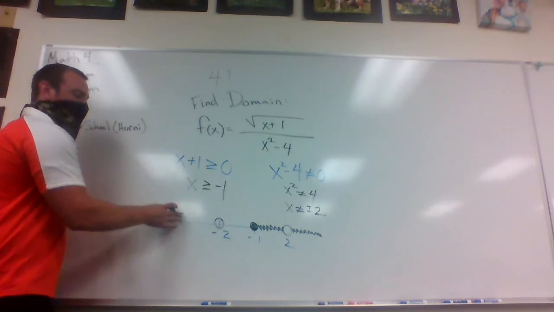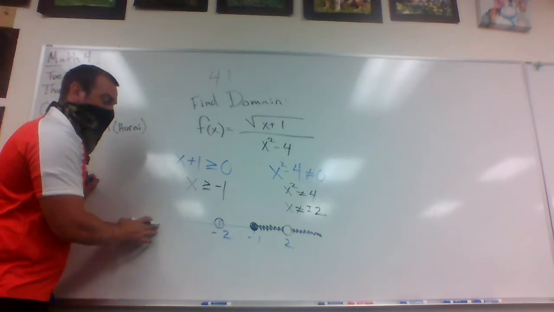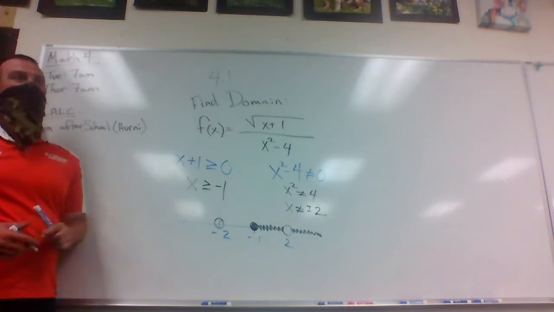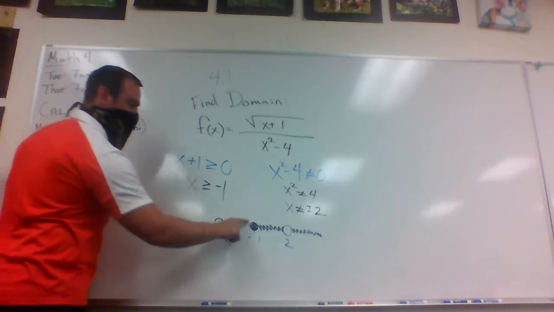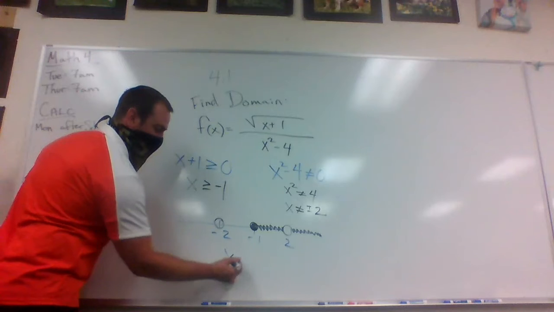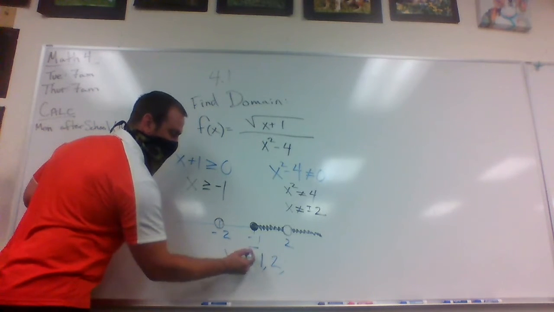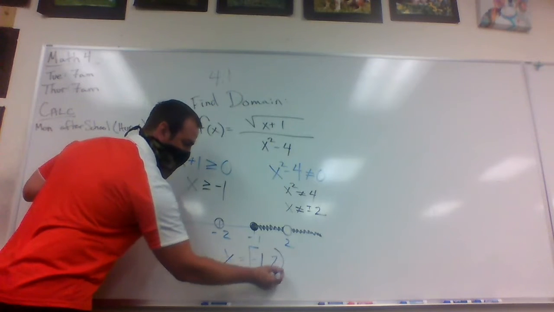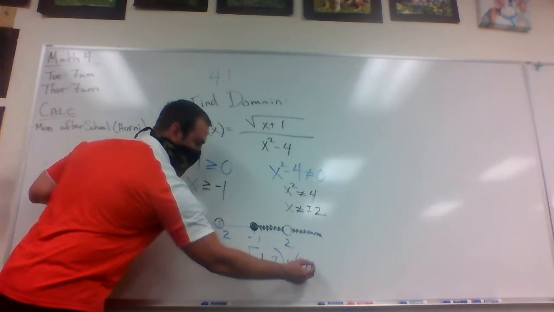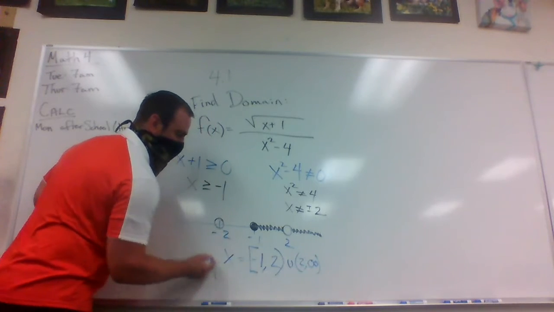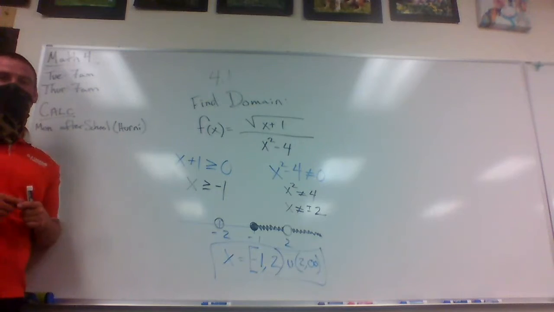So guys, we already excluded this whole area, right? Do we need to talk about -2 then, at all? No. So my answer is just going to be our shaded part. X equals -1 to 2. Include -1, but not 2. And I put a U for union, 2 to infinity. That is my domain. Any questions on that?